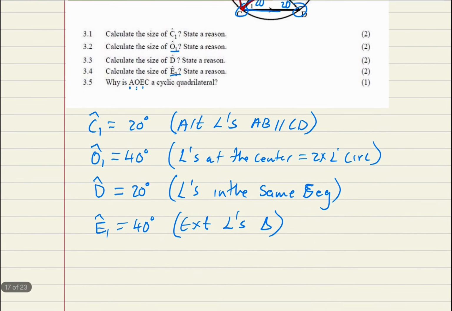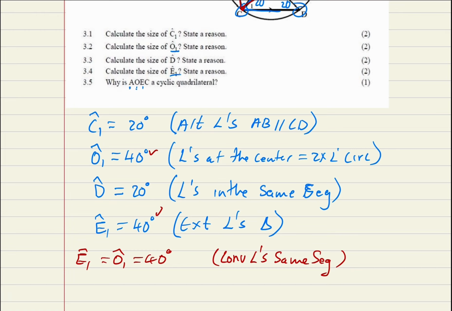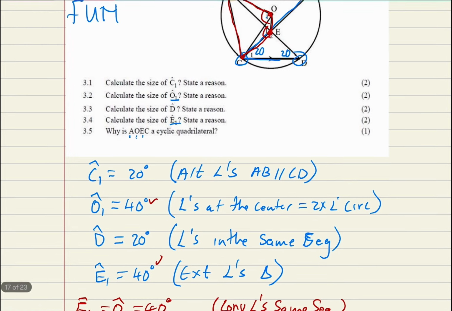Look at E1 and look at O1, which is equal to 40. And the reason here will be what? A converse of angles in the same segment. So that's the reason, guys, there.